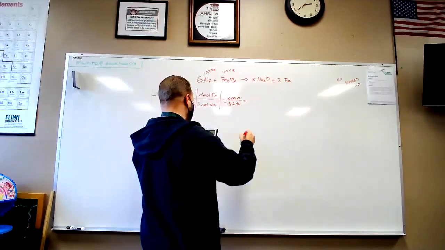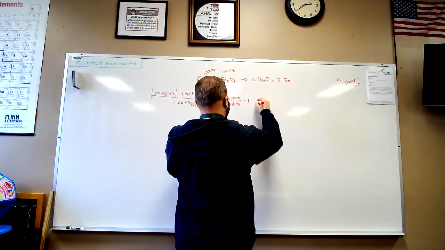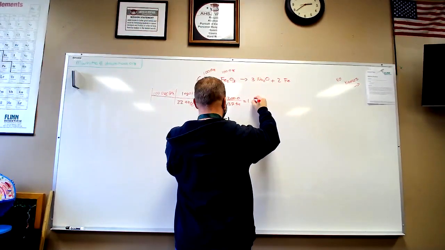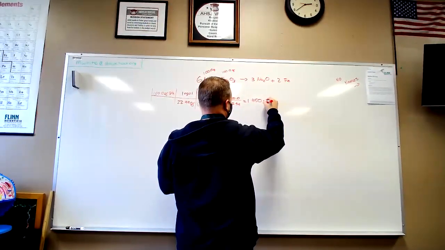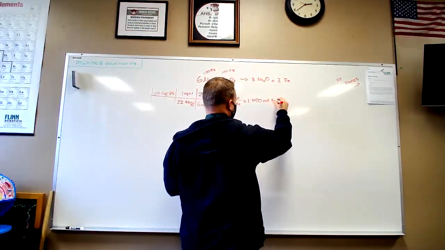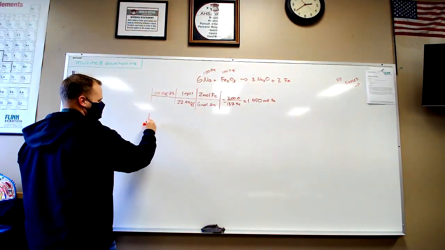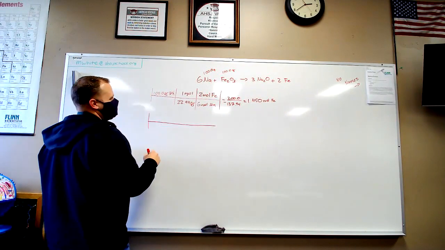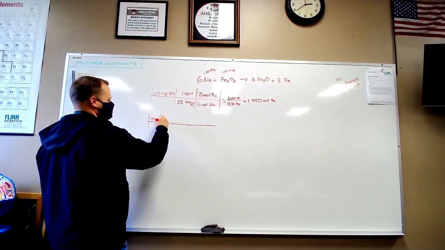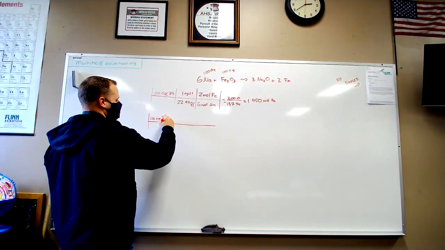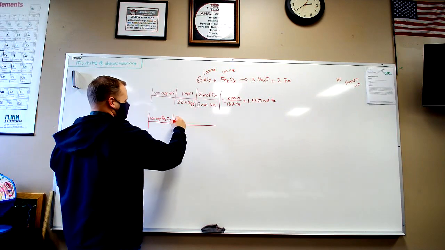So what we're left with is 1.6450 moles of iron. But if we do the same thing with our iron oxide, okay, go to the periodic table.